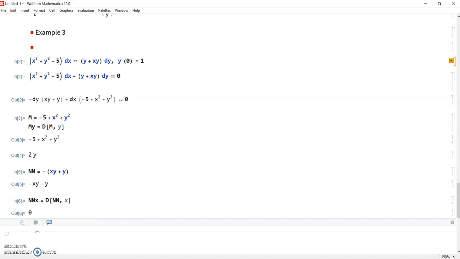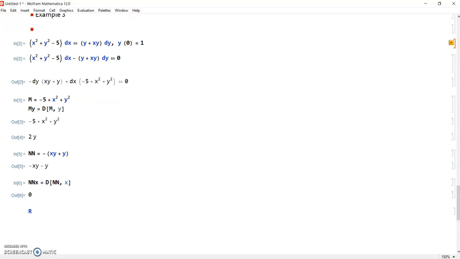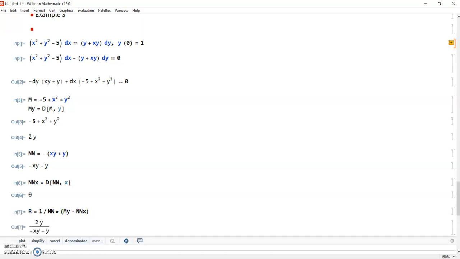So let's find the function R. Function R is equal to 1 over N times (My minus Nx). So execute it. This will be 2y over minus xy over y. So this function does not look as simple. So we can try another function.